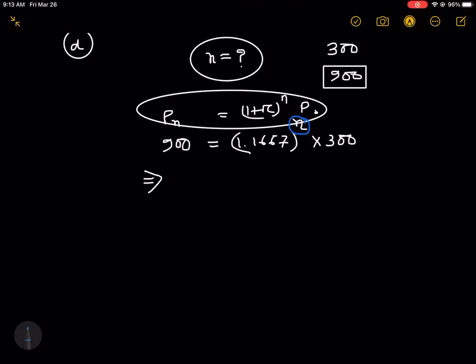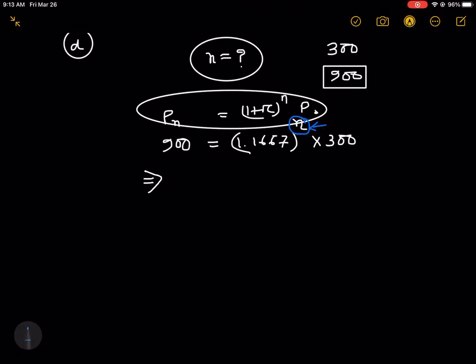Well, I wanted to divide it by 300, but using the order of operations, shouldn't we get rid of the exponent? If you want to get rid of the exponent, that means somehow we want to isolate this unknown n, right? Yeah, you're right.